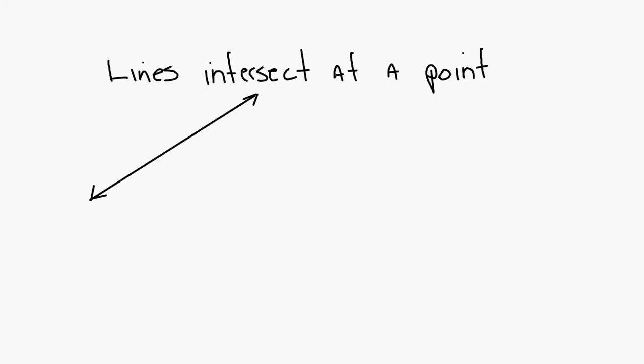If you were to draw 2 lines, and if we called them line L and line M, they're going to intersect at one point. In this case, the point of intersection is point A.